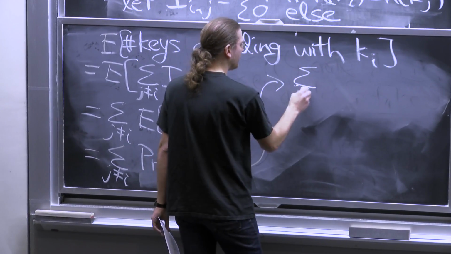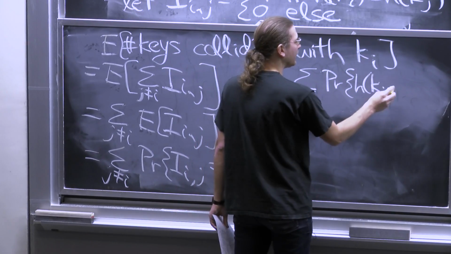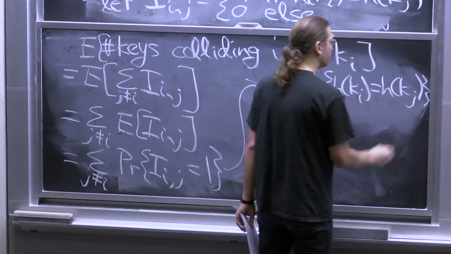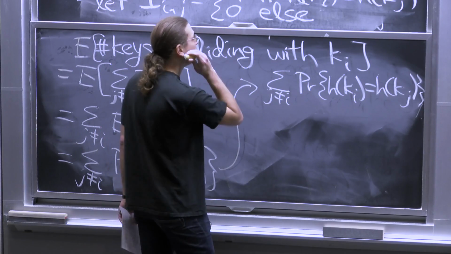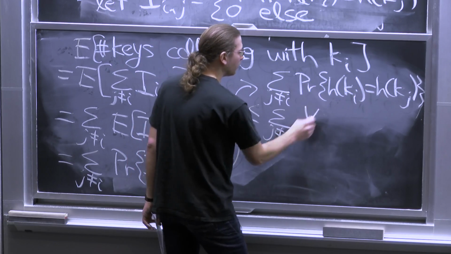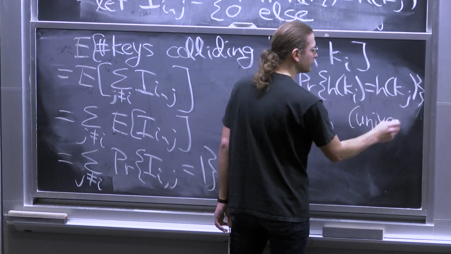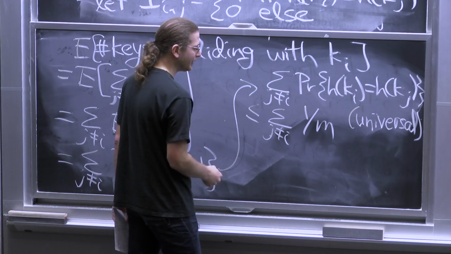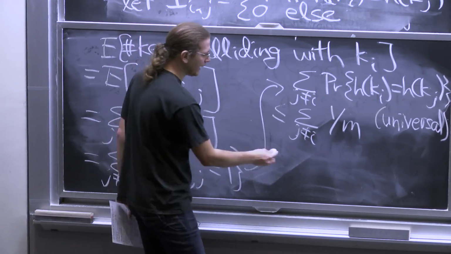This is the sum over j not equal to i of the probability that h maps Ki and Kj to the same slot. That's the definition of Iij. And this is at most the sum over j not equal to i of 1 over m by universality. So here's where we're using it. And the sum over j not equal to i, well, that's basically n.